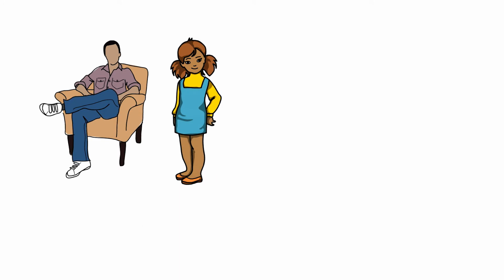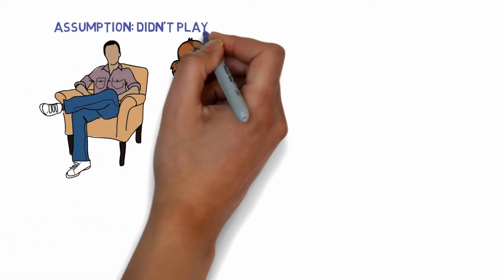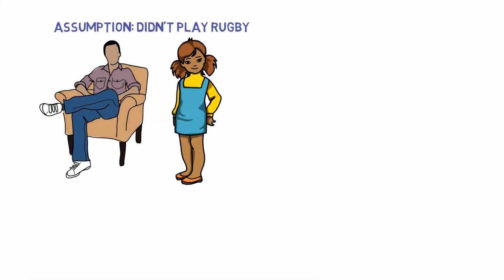want her getting injured. However, he's not going to be able to directly observe whether or not she plays rugby. He's going to have to make an inference after the fact based on what he observes at the end of the afternoon. And so the father will start with an initial assumption that his daughter didn't play rugby, and then he's going to evaluate the plausibility of that assumption based on his assessments of what's the chance that I observe what I see, for example, that she's clean or that she's dirty.